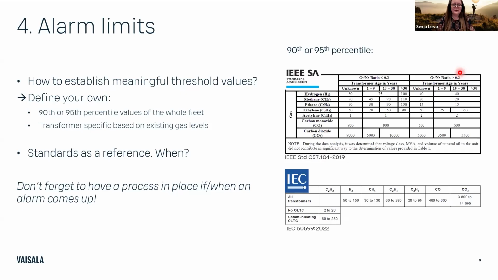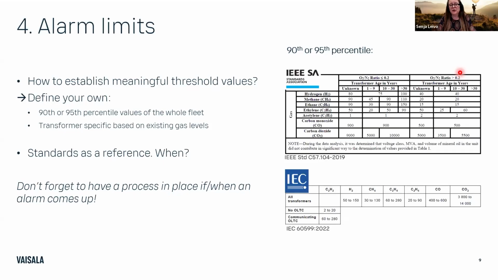But then again, many, like power generation, don't have so many transformers, and then it's again how to look at it. You can look at the existing levels and add X percentage, let's say 20-25%, and define transformer by transformer, specific values for those alarms.